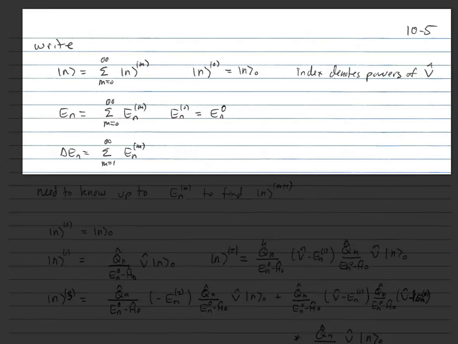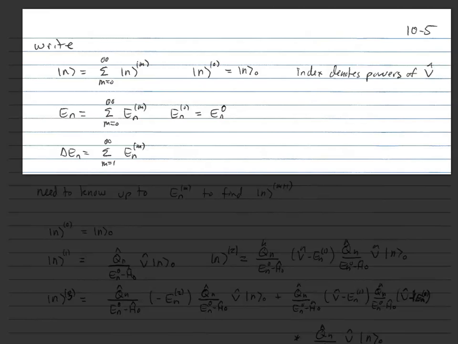So we have to think about systematically expanding the state |n⟩ in a power series in V. That upper index of little m is indicating the powers of V. |n⁽⁰⁾⟩ is |n₀⟩ because we start out coming from the eigenstate of the H0 as the V hat is small. And then as the V hat grows, we will have more and more terms that we have to take into account.